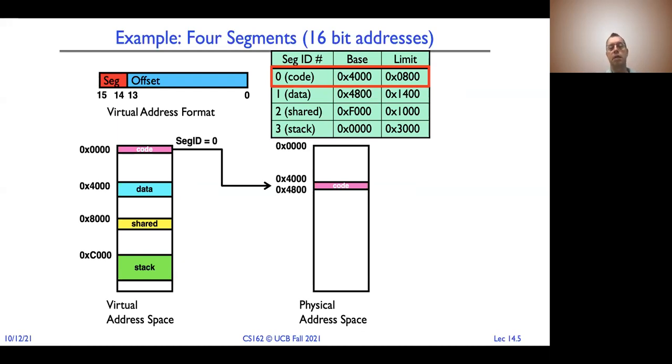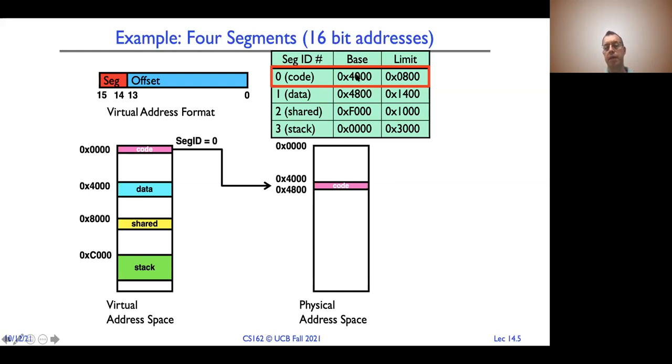Say you are going to execute an instruction in the code segment. Where is that going to be mapped in the physical address space? Well, if you look at the segment table, because the first 2 bits of everything in the code segment are 0, you identify the first entry in the segment table.